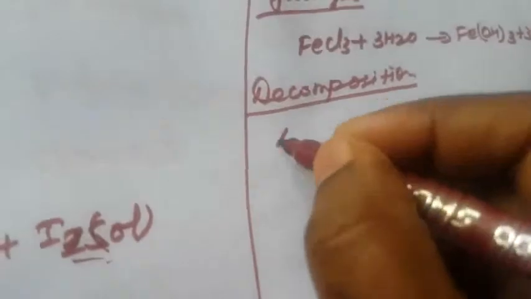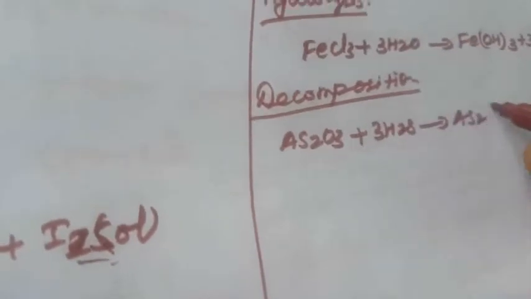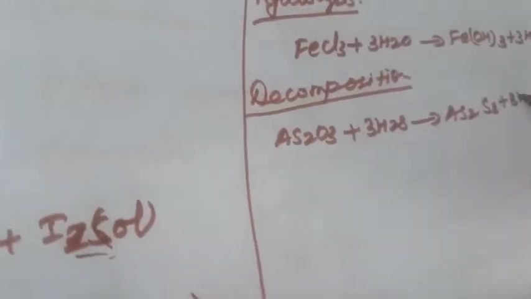What is double decomposition? This method can be used for the preparation of water-insoluble sols. When arsenic oxide reacts with hydrogen sulfide, arsenic sulfide sol is prepared. This is the colloidal solution.